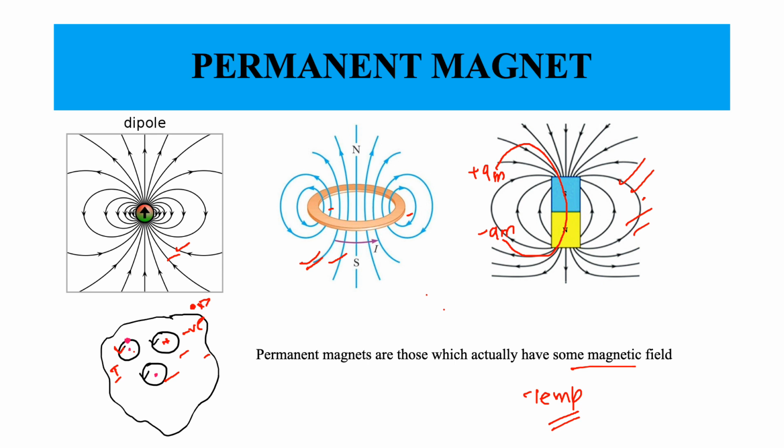So there are two ways of thinking about magnetic material. One is to think of it as a current loop having a certain magnetic moment m, or you can think of it as a fictitious bar magnet with a plus magnetic charge, fictitious, at one end, and a negative magnetic charge minus qm, again fictitious, at the other end.